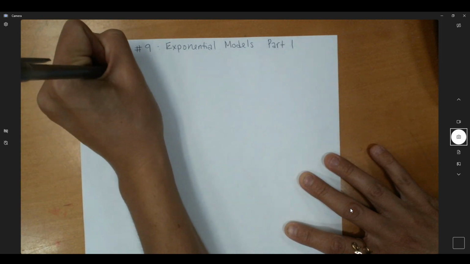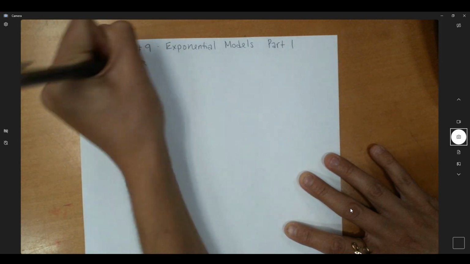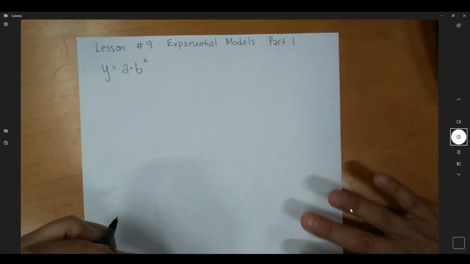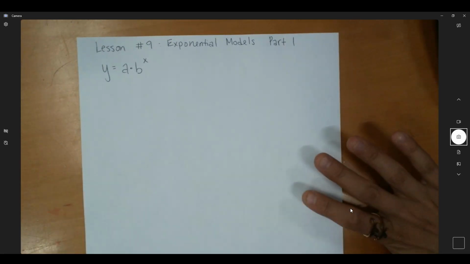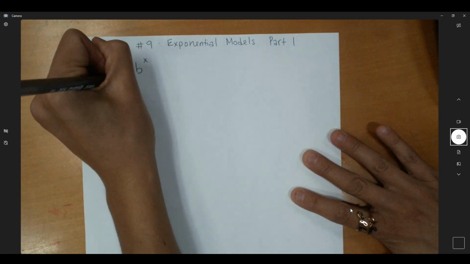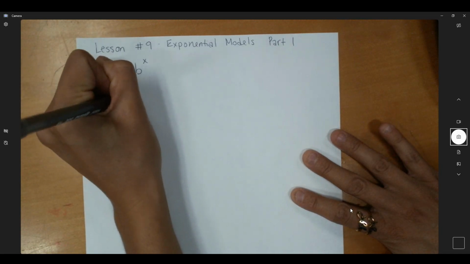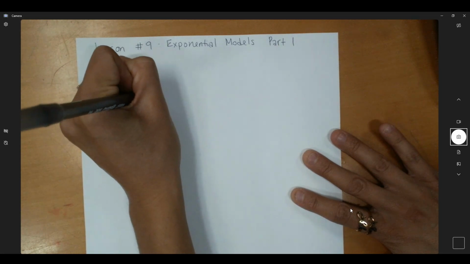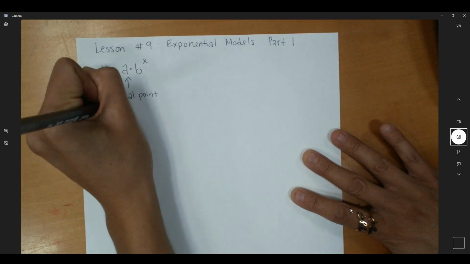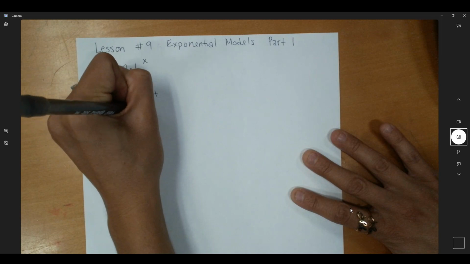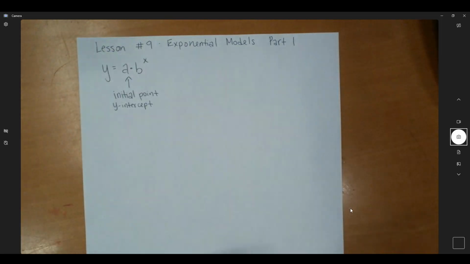y is equal to a times b to the x power. That is how you write it in standard form. This a value is your initial point and/or your y-intercept.